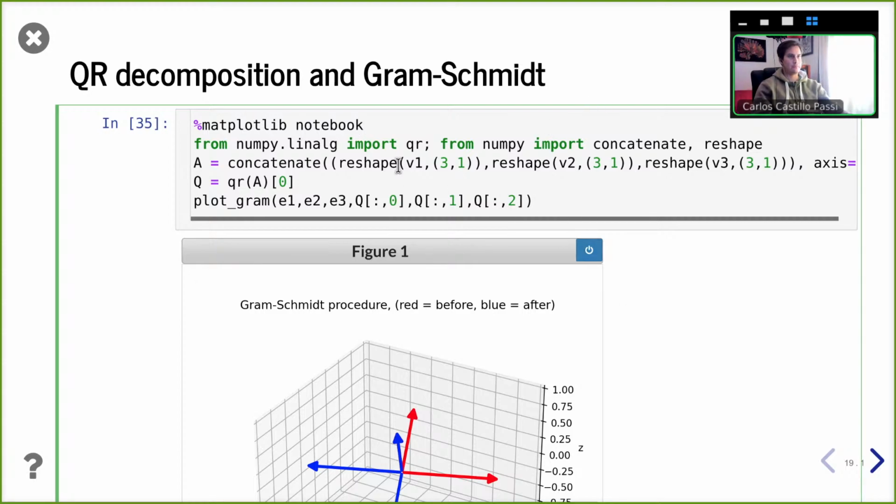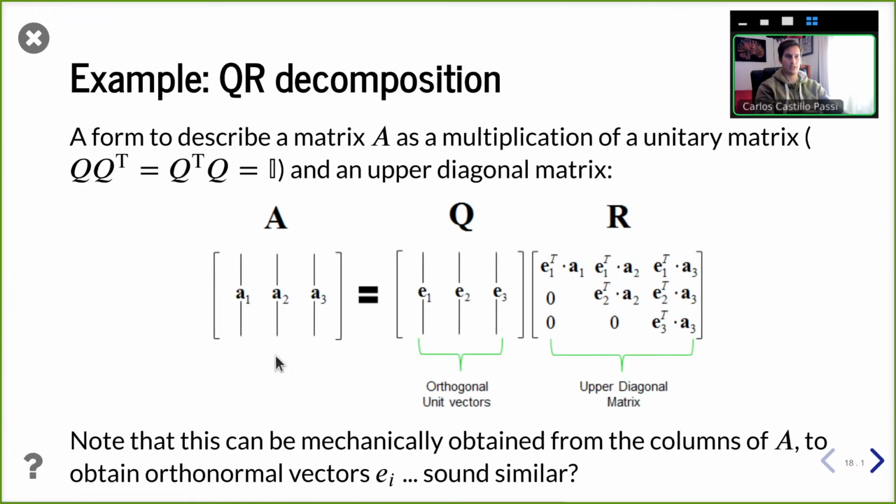Let's continue. So the vectors v1, v2, and v3 are the same vectors that we saw before, and we concatenate the vectors to get this matrix A the same way we saw here. The vectors are being concatenated as columns of a matrix.